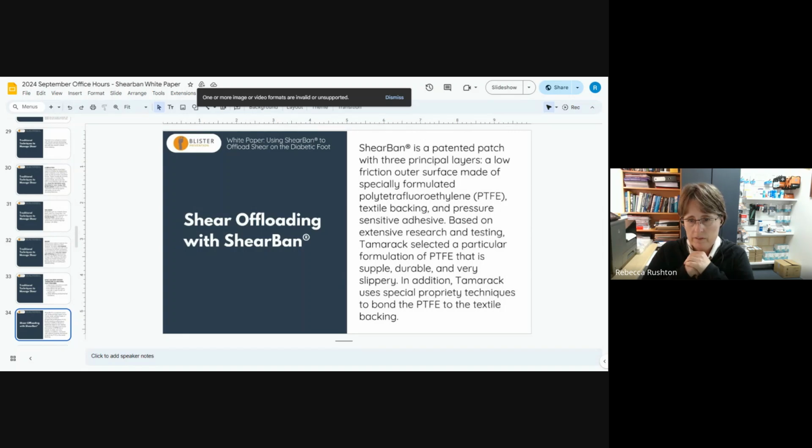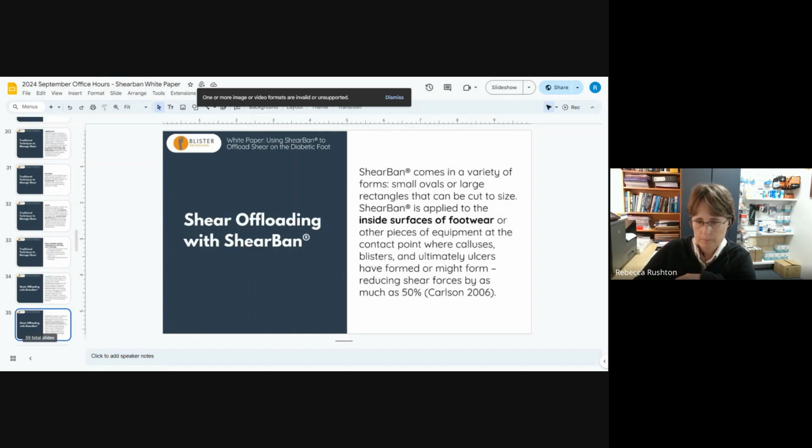It's got the low friction outer layer, which is PTFE or polytetrafluoroethylene, and that's stuck to backing with a pressure sensitive adhesive. Based on extensive research and testing, Tamarack selected a particular formulation of PTFE that is supple, durable, and very slippery. In addition, Tamarack uses special proprietary techniques to bond.